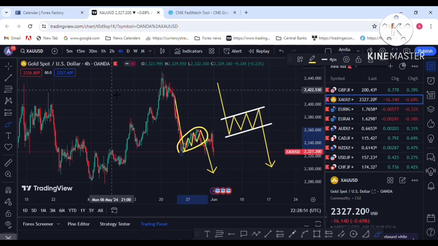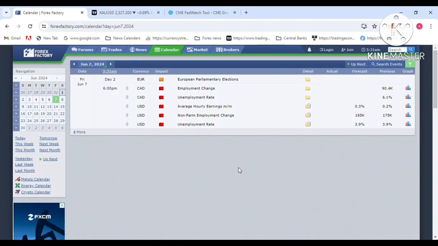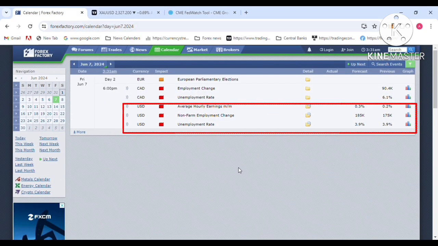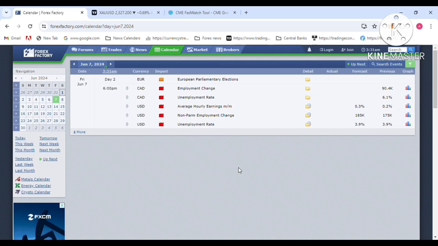Let's go to the economic data for next week. We should keep in touch with it. There is labor data regarding the US dollar next week, Friday 7th June: the non-farm employment change.